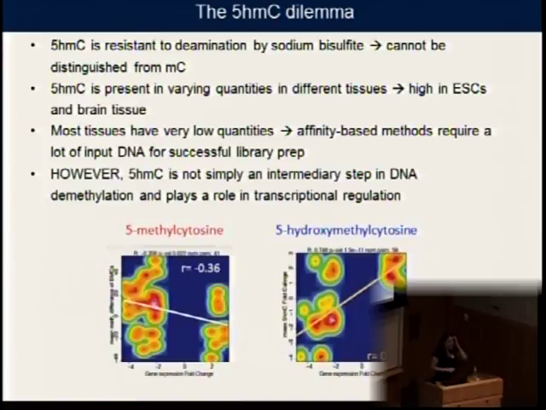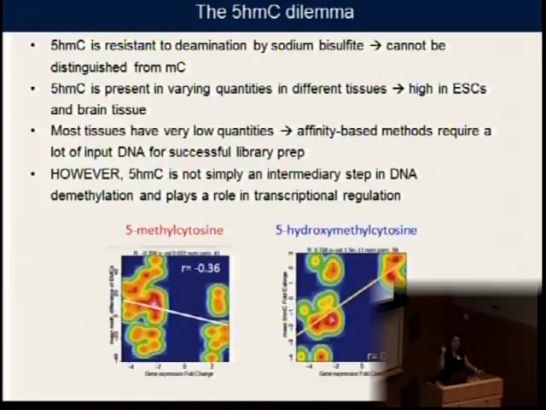However, as I said, hydroxymethylation does not deaminate. So now we have a problem. We have methylcytosine that doesn't deaminate, but we also have hydroxymethylcytosine that doesn't deaminate. The problem with that is that 5hmC is present in varying quantities in different tissues.